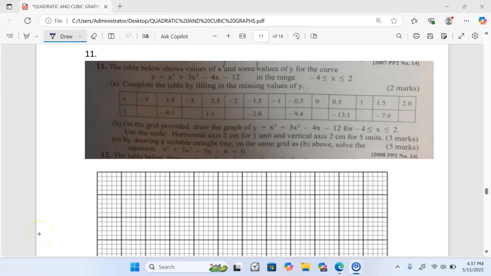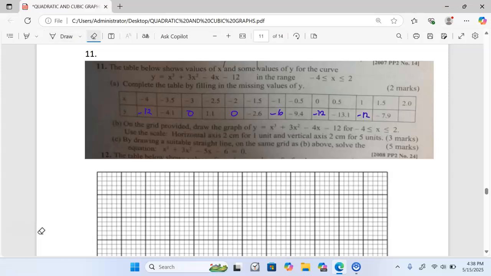So when the value of x is -4, the value of y is -12, and when x is -3, y is 0. When x is -2, again y is 0. When x is -1, y is -6, and when x is 0, the value of y is -12, and when x is +1, it is -12 again.